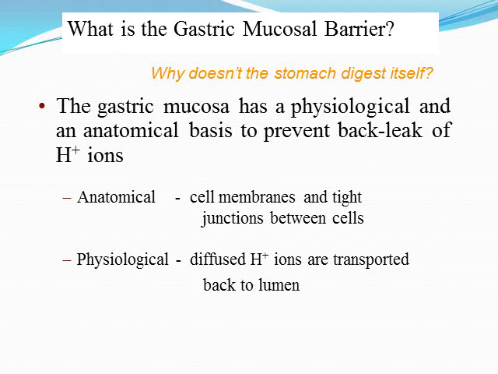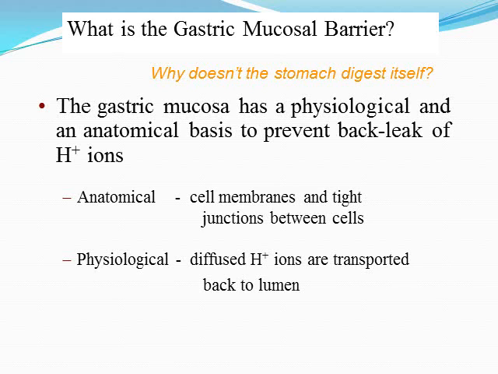All right, so I mentioned a mucosal barrier earlier. The stomach does have a thin lining of mucus and has tight junctions and of course the cell membranes that help keep the HCl in the lumen, not entering back in, keeps the hydrogen ions not entering back into the blood or the circulation or the mucosa of the stomach.